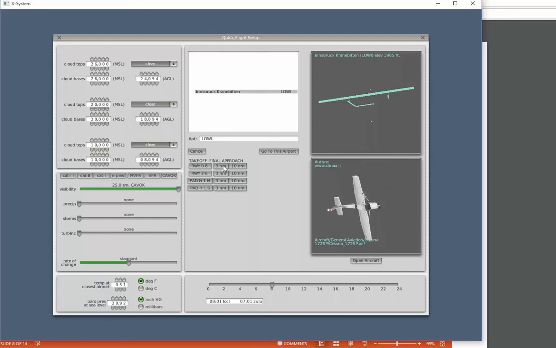So a lot of stuff that we're going to have to remember when we do land. I'm going to give you just a second to get everything set up. I would like for you to raise your hand once you've gotten your simulation set up. So Cessna 172, 3 nautical miles, and Lowy.